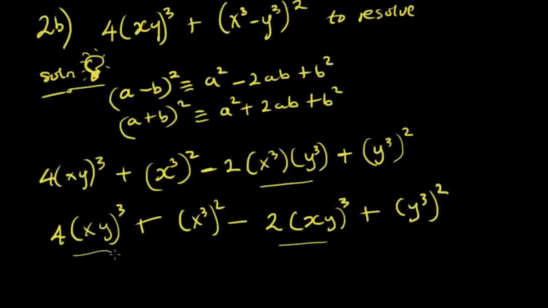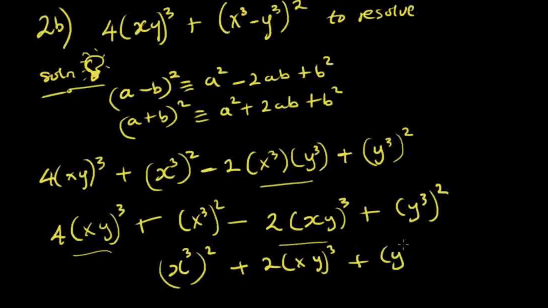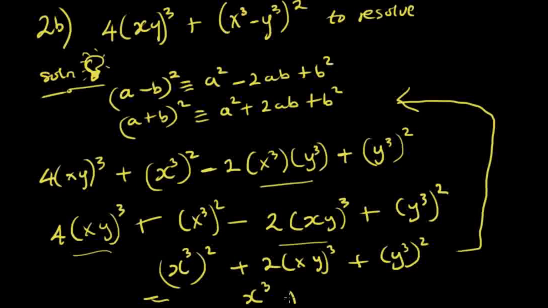It's just like saying 4 mangoes minus 2 mangoes, and that should give me a positive 2 mangoes. So this is still the same thing as (x^3) all squared plus 2(xy) all cubed plus (y^3) all squared. Now if you trace this back to this identity, you will discover that this is equal to (x^3 plus y^3) all squared. So this is the final answer for resolving this particular problem.